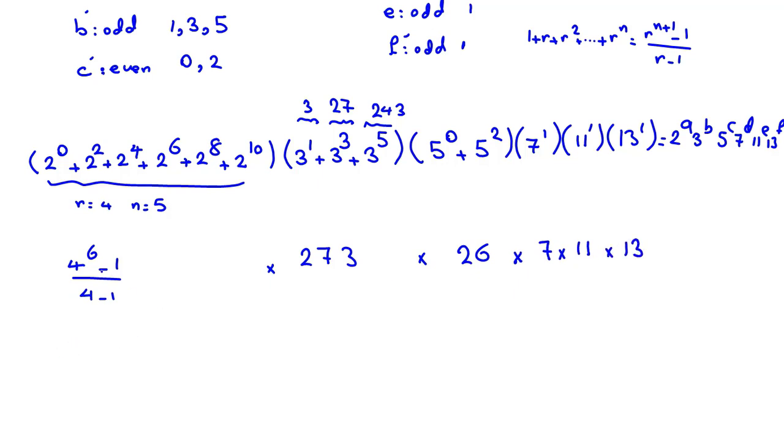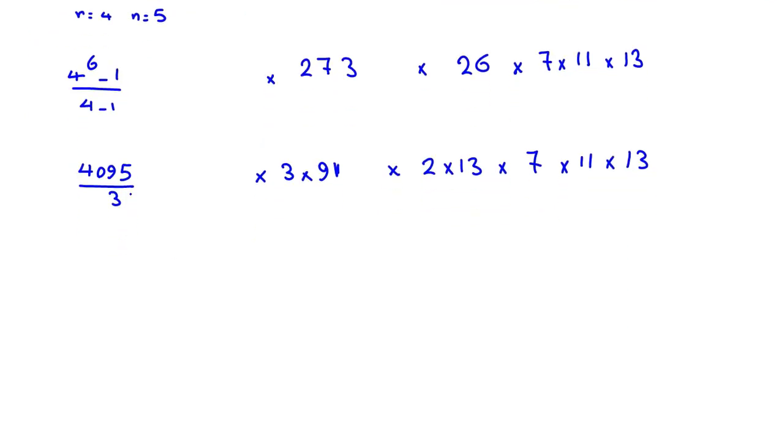Now let's simplify more. 4 to the 6 minus 1 is what? It is 2 to the 12. 2 to the 12 is 4096, minus 1, 4095 over 3. Times 273, which is 9... Or we can simplify: 3 times 91 times 26 is 2 times 13 times 7 times 11 times 13.